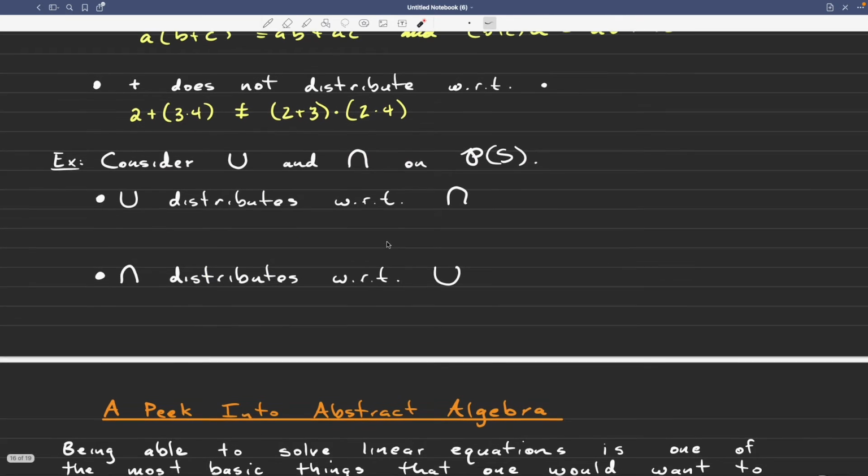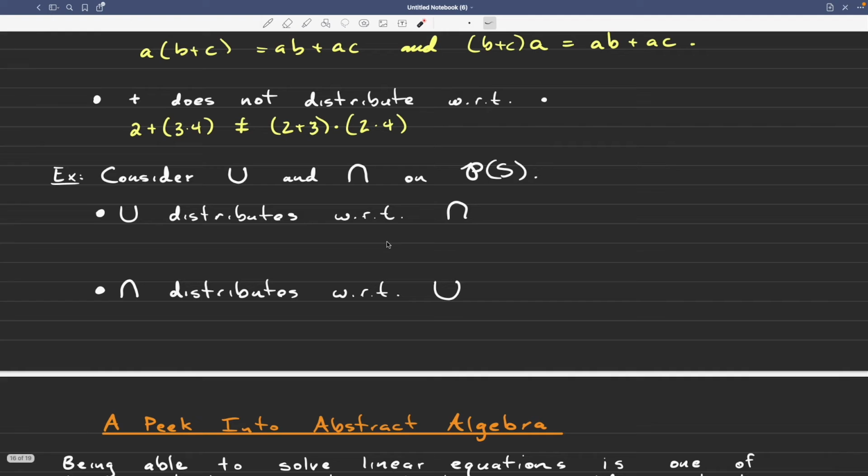We know that union distributes over intersection and intersection distributes over union. For example, A union (B intersect C) is (A union B) intersect (A union C). This is one of those things I had you prove in the homework. I don't need to check it on both sides because all the operations are commutative.